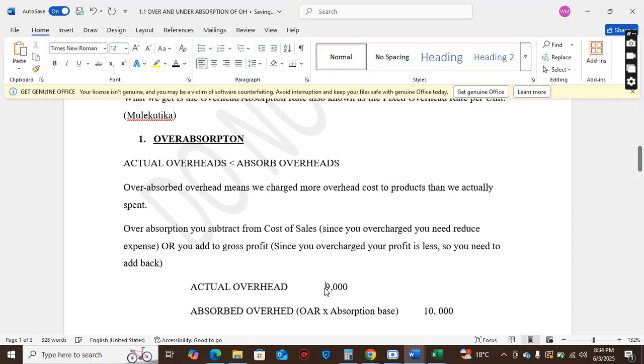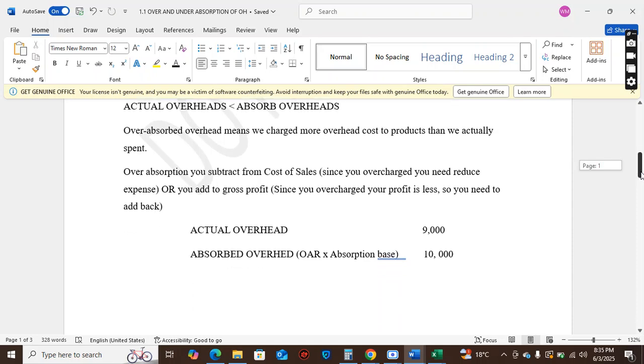Are we clear on that, colleagues? When you absorb overheads, the overheads that you expect to incur are greater than the actual overheads that you incurred, meaning you've included too much overhead into your units, basically. Then you've overabsorbed.